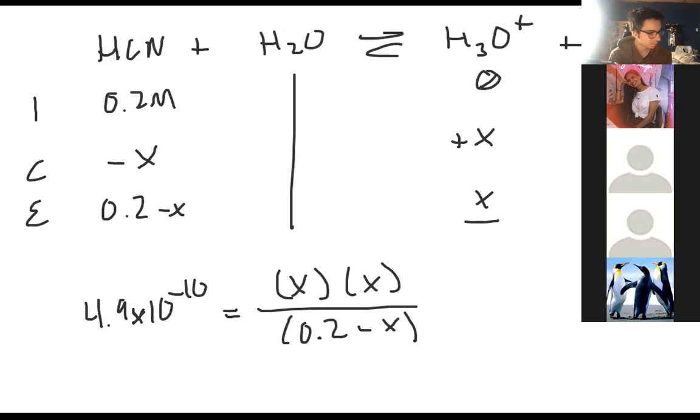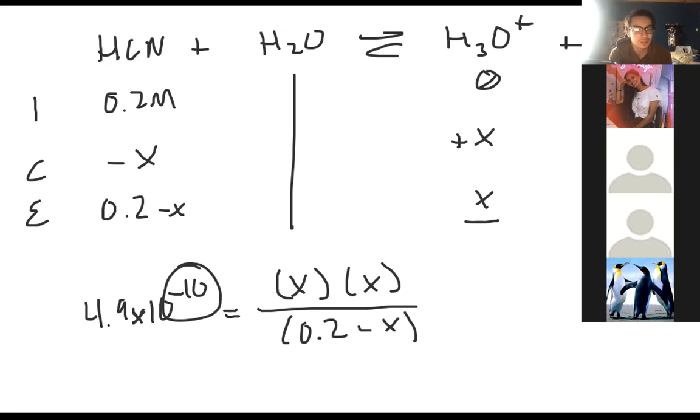So what we can do is use a shortcut. And you'll notice that Ka is basically 4.9, and the important part is right here, 10 to the negative 10.